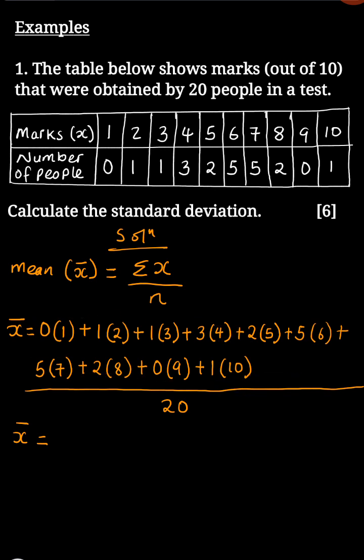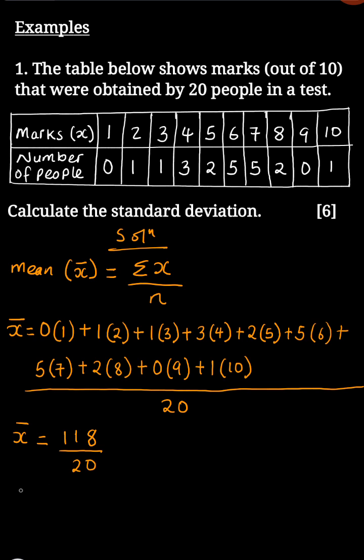When you press equals, you are going to find that the total sum of what is on top will be 118. This 118, you must divide it by 20. Like that.